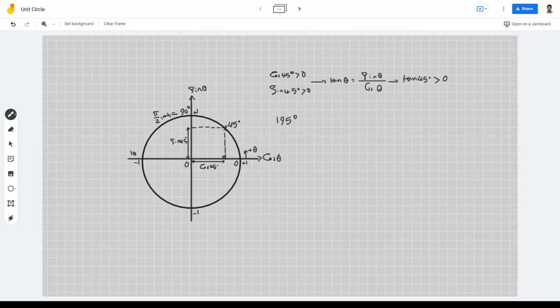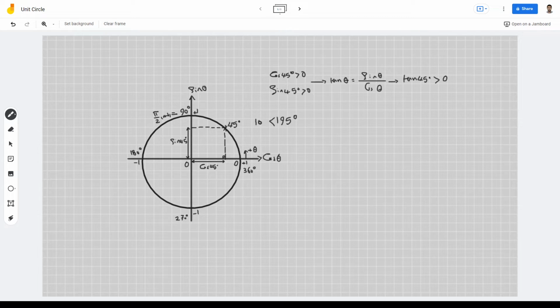Here is 180 degrees, here is 270 degrees, and here is 360 degrees. You're doing all of this in your mind, but I sketch it too for the first time for you. After that, try to sketch it in your mind, try to improve your imagination.